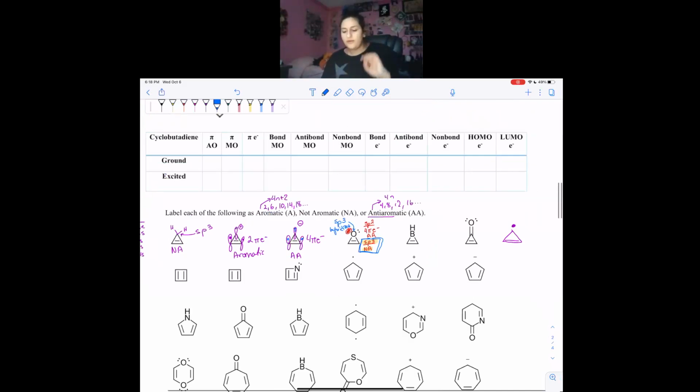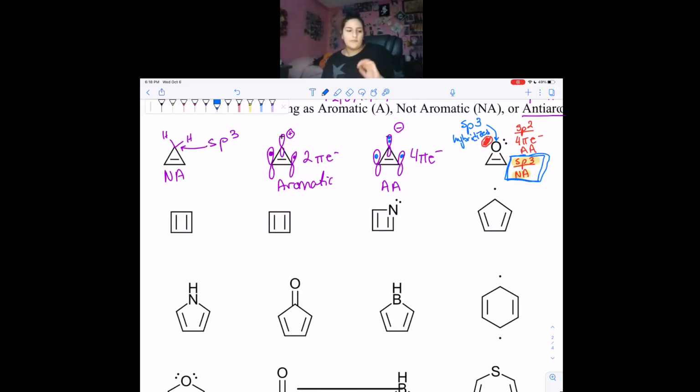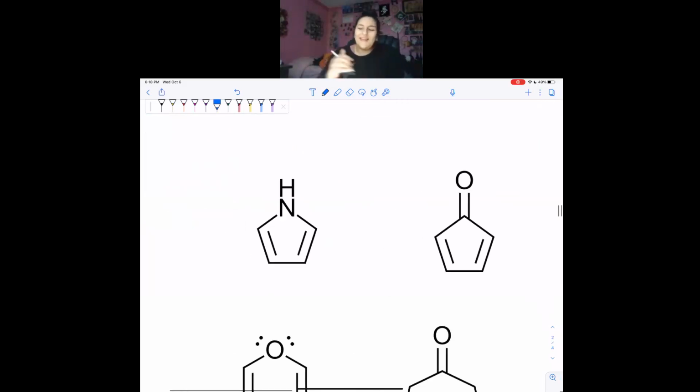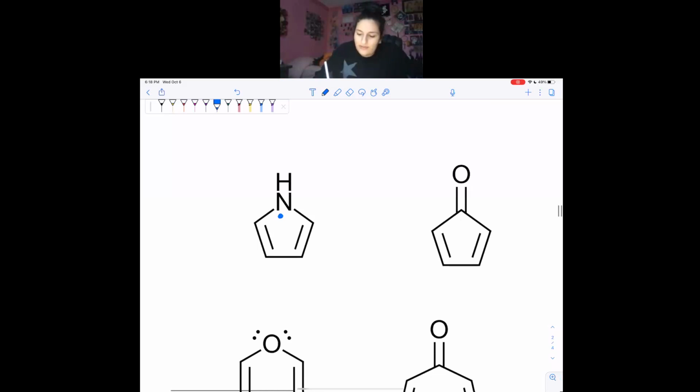Okay, let's do another example. Not that one, this one. So we have nitrogen, and this time, instead of showing you 2 lone pairs to trick you, he shows you 0. But we know that nitrogen has 1 lone pair of electrons, and we also know that nitrogen is a heteroatom, and since it's single bonded, we can choose sp2 or sp3.